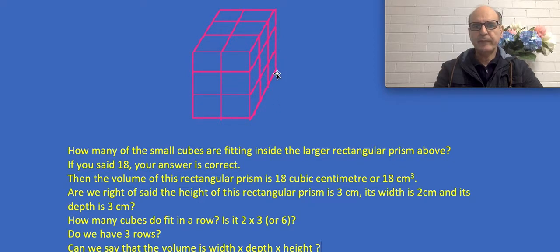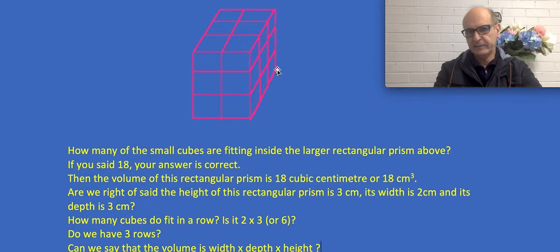As you can see, the width is 2 centimeters, because you fit 2 cubes here and each side of a cube is 1 centimeter. So 1 centimeter and 1 centimeter, the width is 2 centimeters.